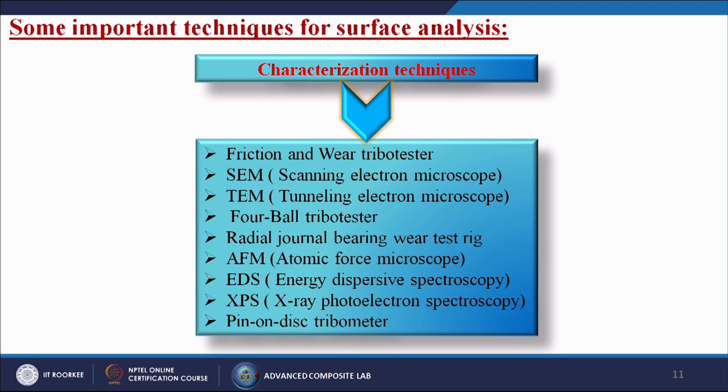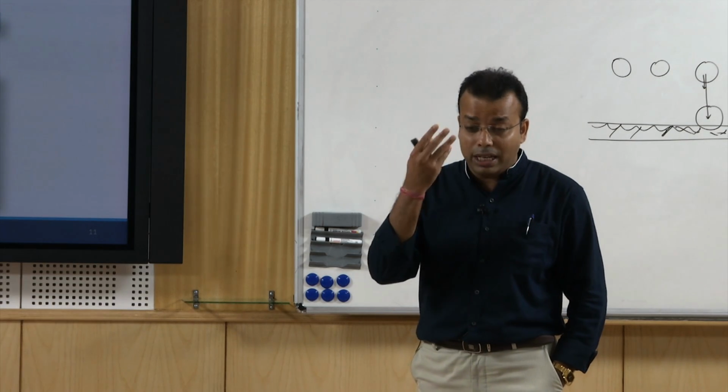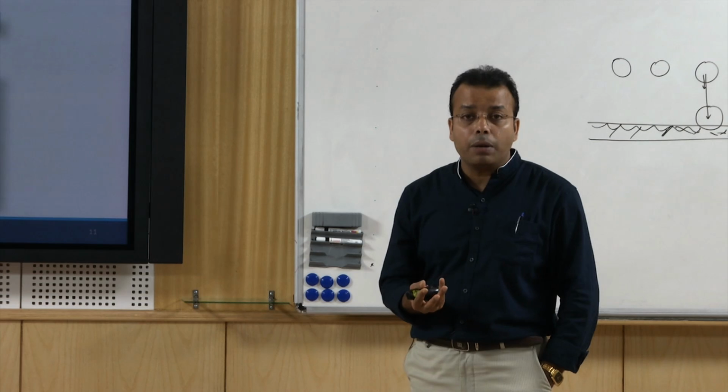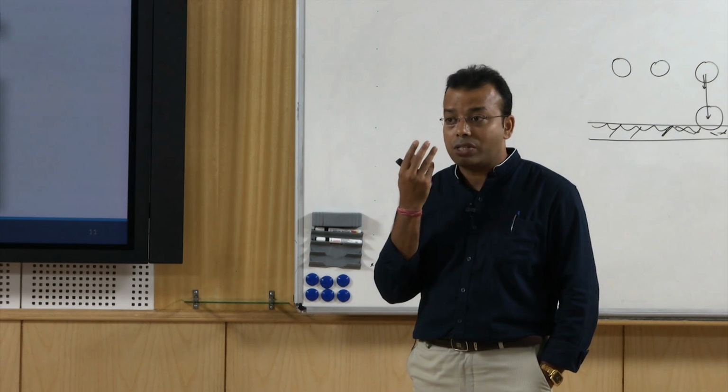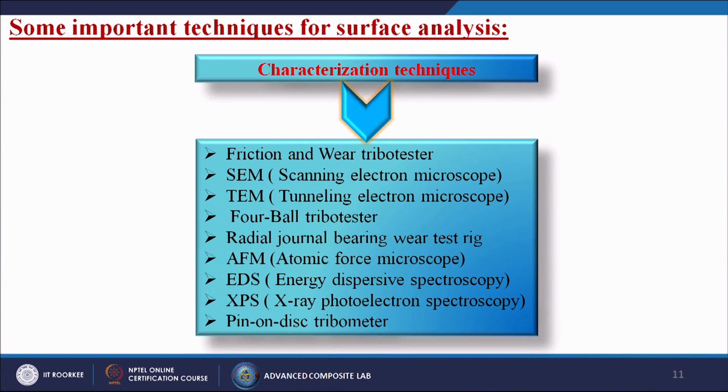Next, called scanning electron microscopy. By seeing at the microscopic level, you can zoom the figure and see whether there are any cracks or pores or not, which we can't see with our naked eyes. Next is called transmission electron microscopy. Next is the 4-ball tribo tester, radial journal bearing wear test rig, atomic force microscopy.